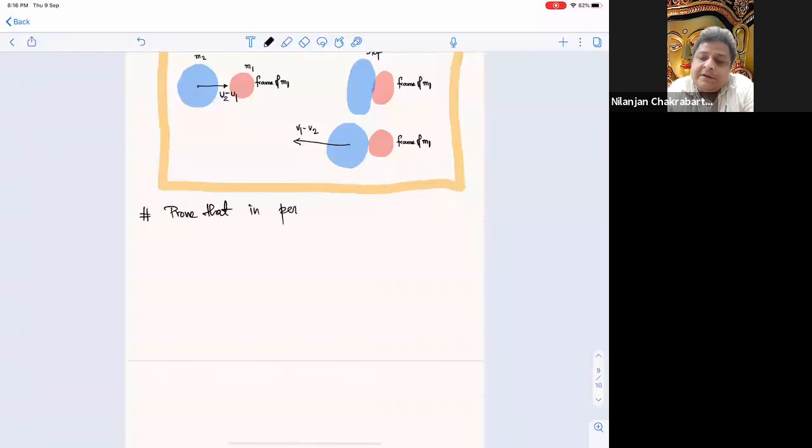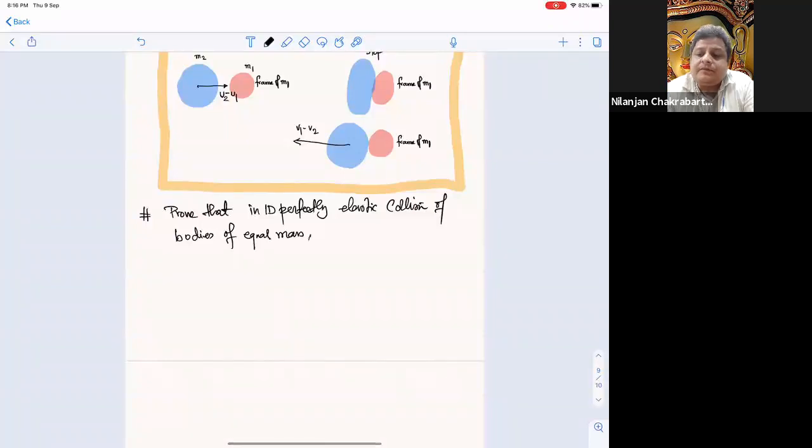In perfectly elastic collision of identical bodies, or rather of bodies with same mass, in 1D, perfect bodies of equal mass, velocities are exchanged after collision.